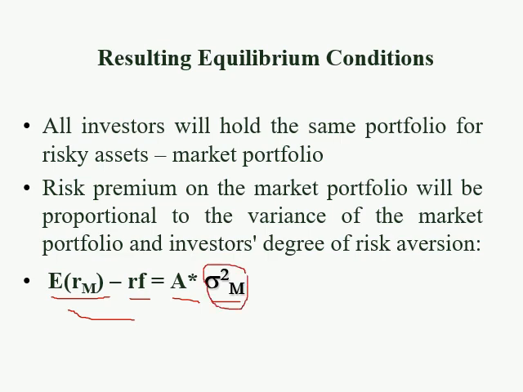So the excess return on the market portfolio will be equal to the risk aversion of the investors multiplied by the variance of the market, or the risk of the market.